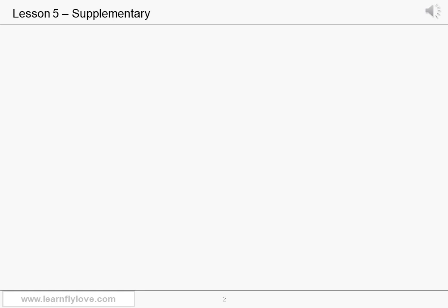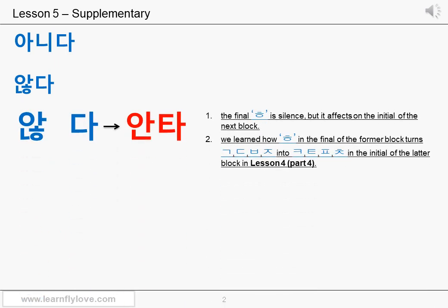Okay, when we learned about negative questions, we saw two very similar predicates. One was 아니다 and the other one was 안다, which is actually pronounced anta, because even though here h consonant, which is in the consonant cluster of the first block, is a silence, it affects the sound of the initial in the next block.